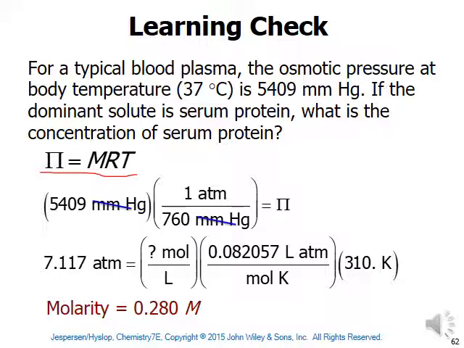We want pressure in terms of atmospheres, so we can use this as our R. Here's the relationship of atmospheres to millimeters, and so you end up getting 7.17 atmospheres equals the molarity times R times T. T is 37 plus 273. Then solve for molarity, and you get 0.280 molar.